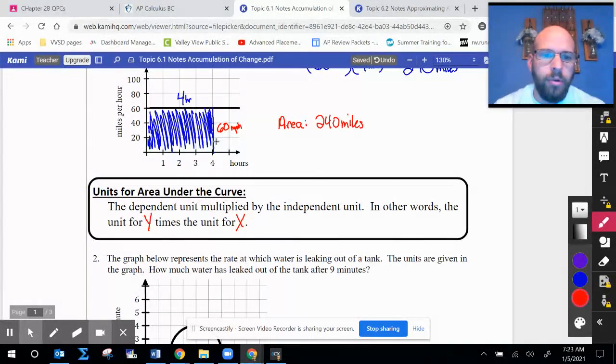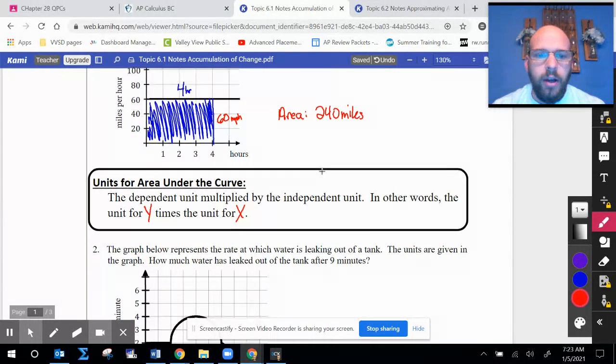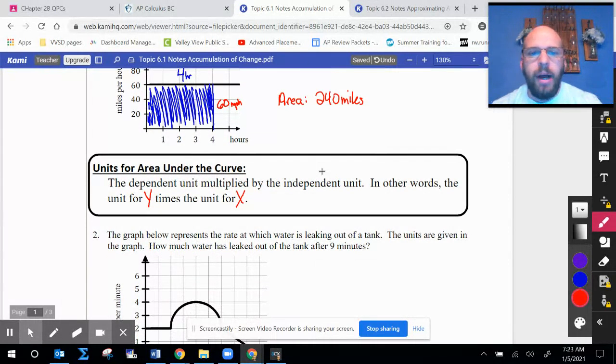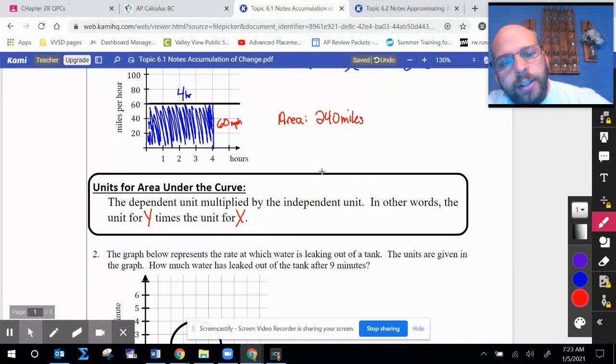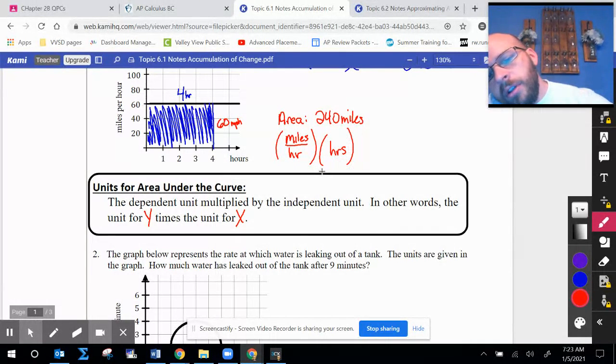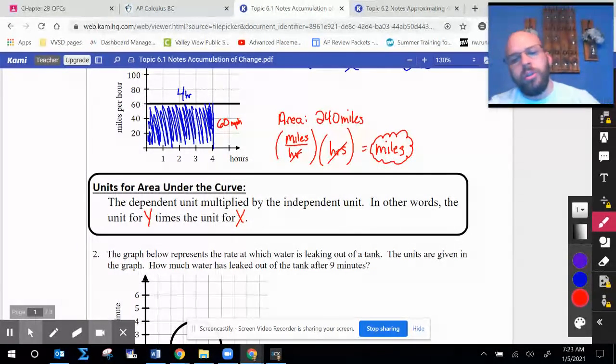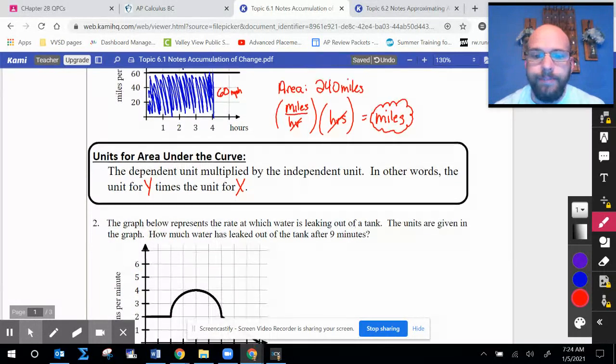If I take 60 miles per hour and multiply it by my x value of 4, that's going to give me 240 miles. You can even see the unit analysis here: miles per hour times hours, the hours would cancel and I would be left with just miles. So we want to make sure we always have the correct units.